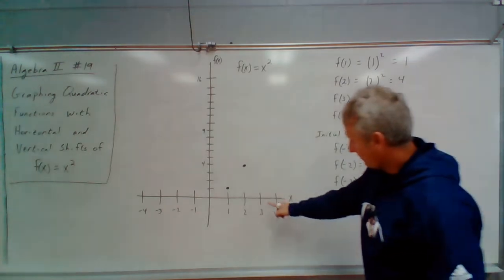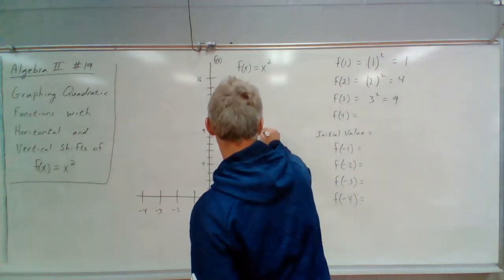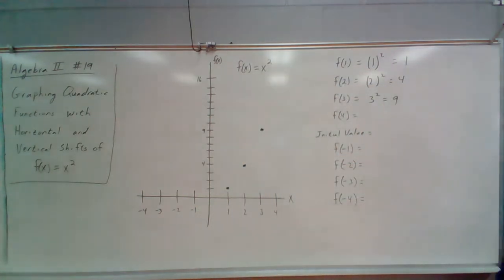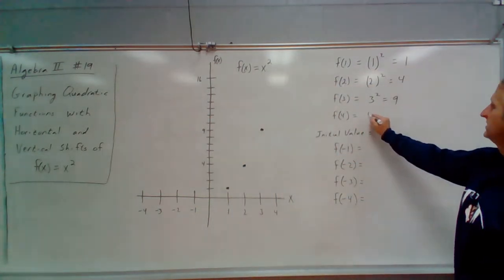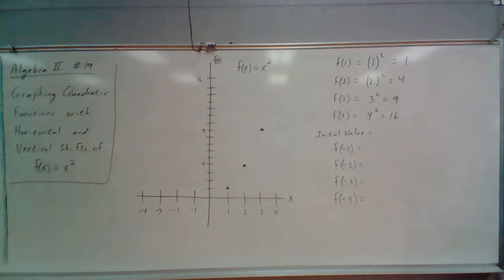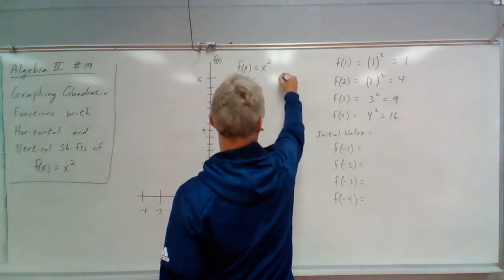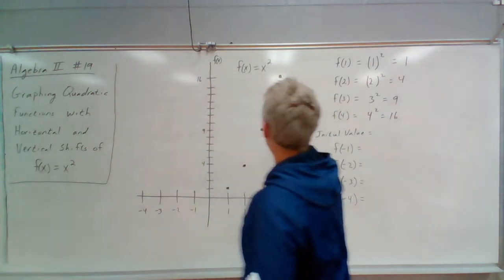If I plug in a 3, the function spits out 9. f of 4 just means 4 squared, so that would be 16. Plug 4 into the function, it spits out a 16.